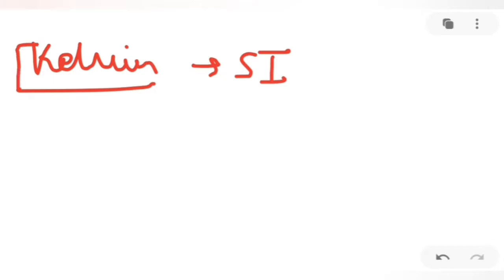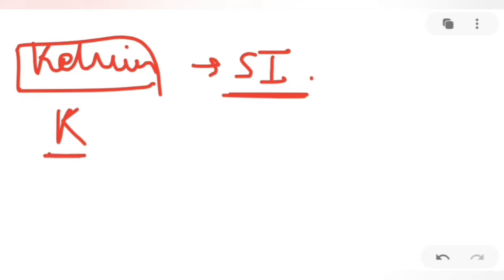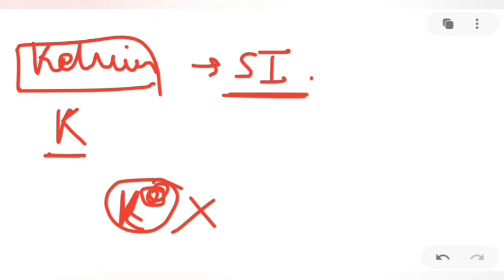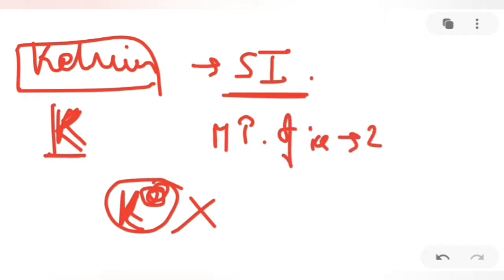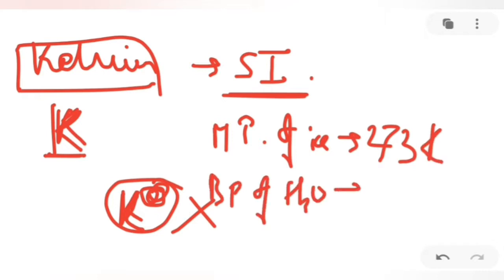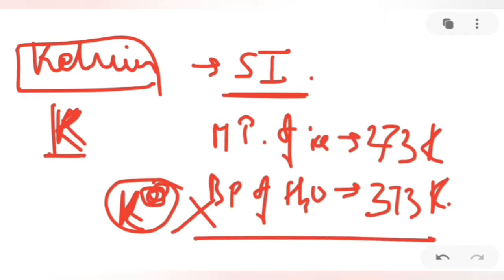For Kelvin we denote it by the letter K, and one very important thing that you all must remember is that we do not put a degree sign with K. We never put this degree sign with K. Kelvin is denoted only by the capital alphabet K. This is the standard unit, and the melting point of ice on the Kelvin scale is 273 Kelvin, and the boiling point of water on the Kelvin scale is 373 Kelvin. I hope most of you might be knowing this.